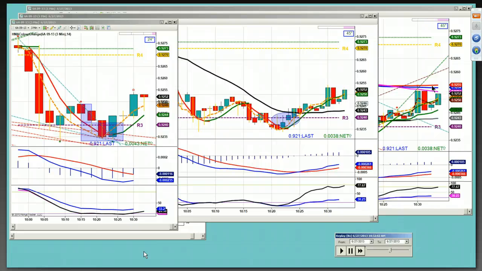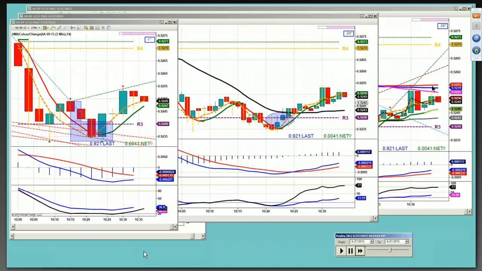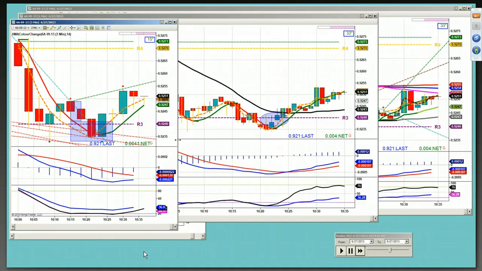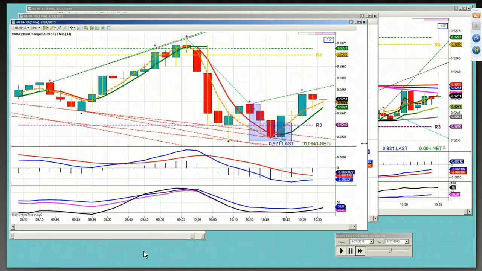What do you mean anytime candles above or below always treat as support or resistance? Anytime the candles are above or below the HMA trend line. Here. Let me do this.